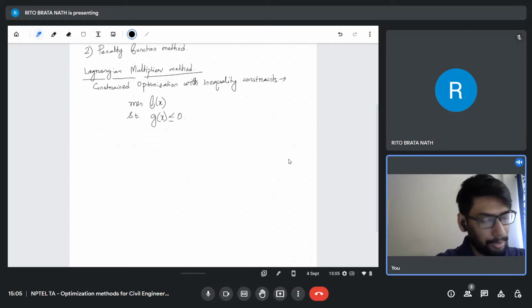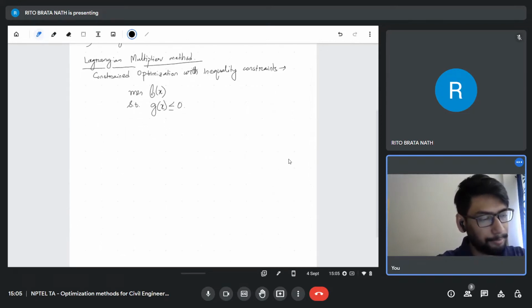If you have a problem like this, then in the Lagrangian multiplier method, first you have to write down the expression for the Lagrangian. As sir discussed in the class, you should know which ones are the active constraints out of these g constraints. It might happen that it's not just one constraint that's present here, it can be multiple constraints, and out of those, only a few are active.